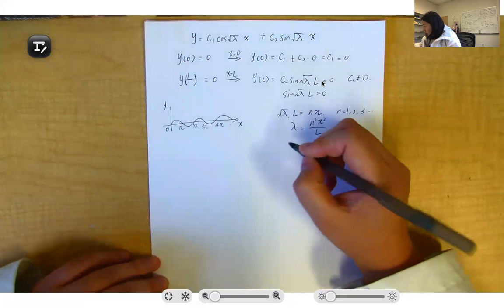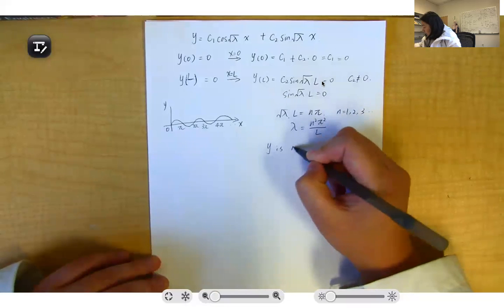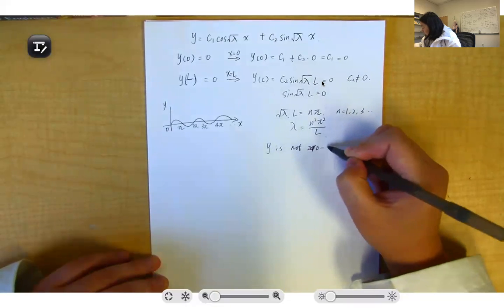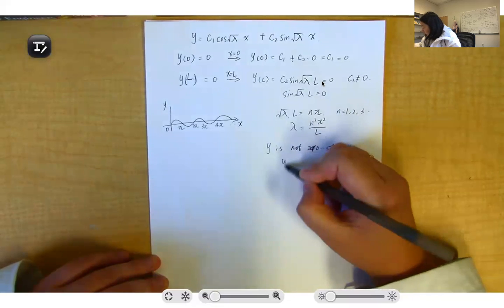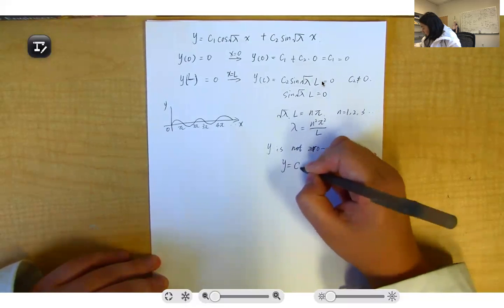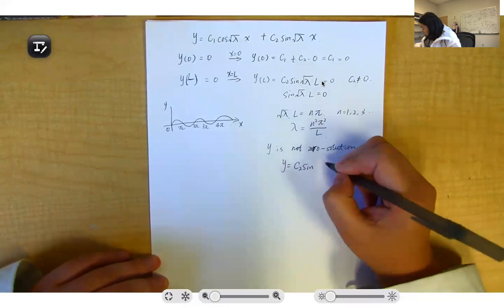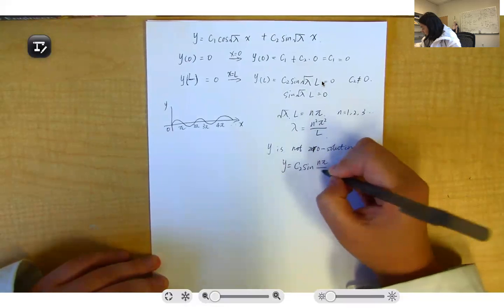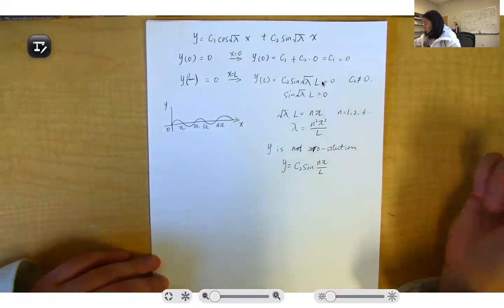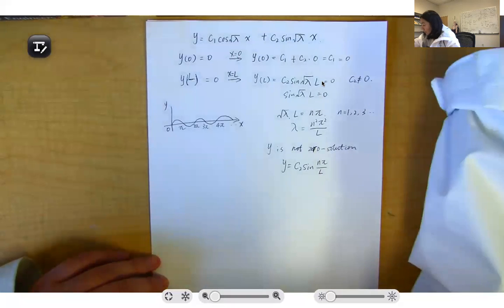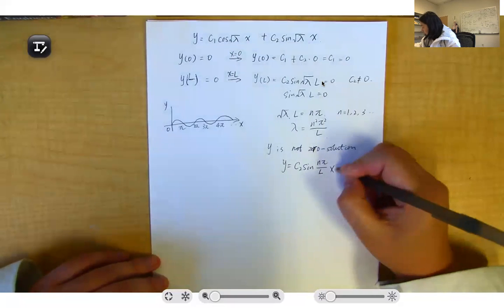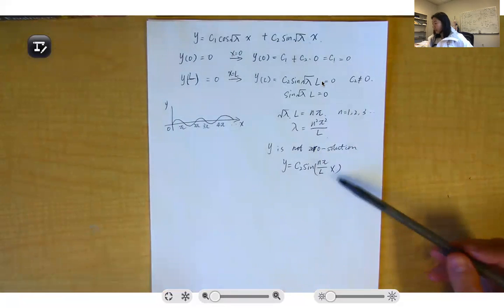And this leads to y being a non-zero solution, where y is equal to C2 sine n pi over L x. Okay, so that is your solution.